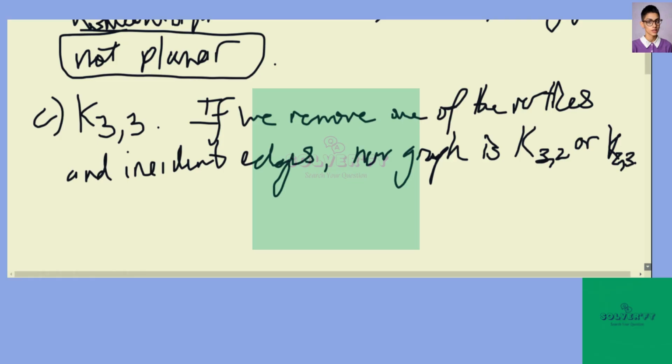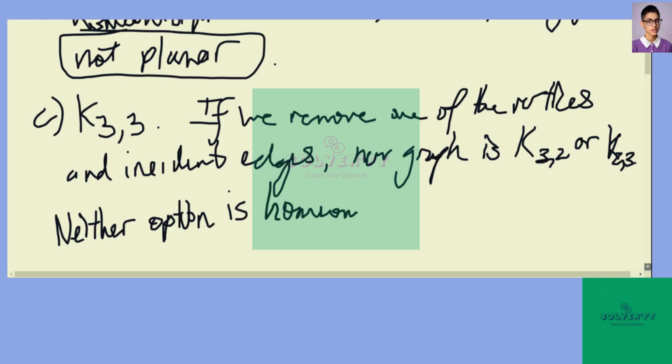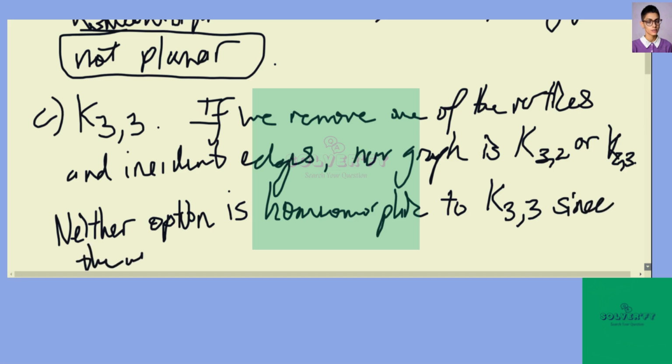Now, neither option is homeomorphic to K3,3, since the new graph only has 5 vertices.